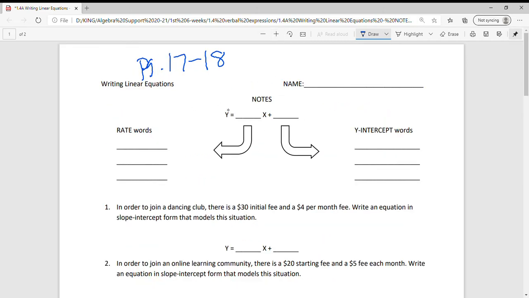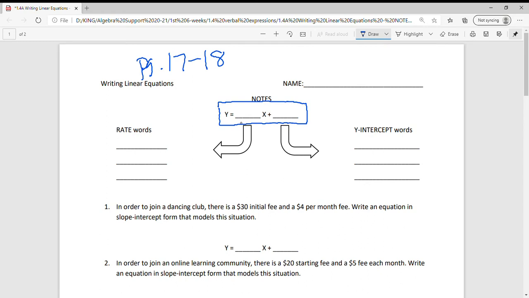So here's what our equation will always look like. We'll have y equals whatever number is right in front of x. That's going to be called our rate word. And there are three different rate words that we're going to be looking for. Okay, so I want you to write these down.